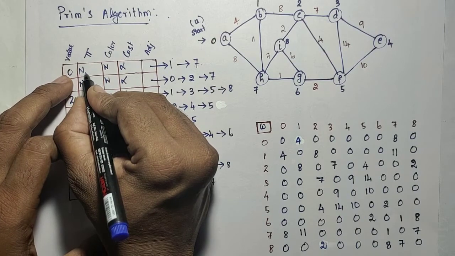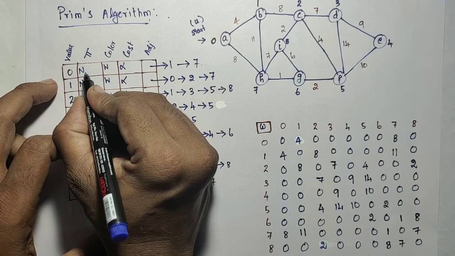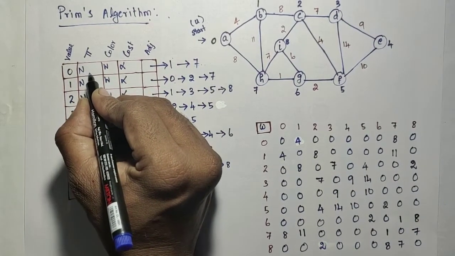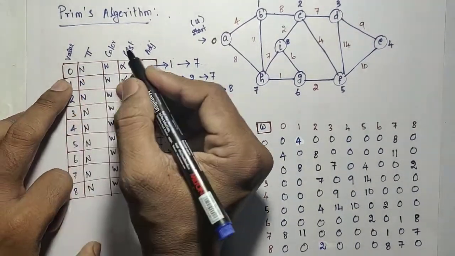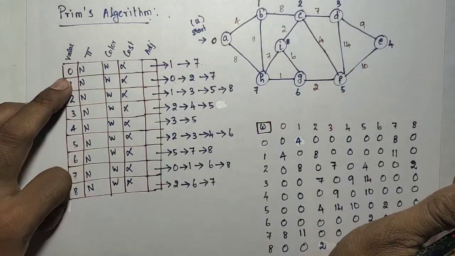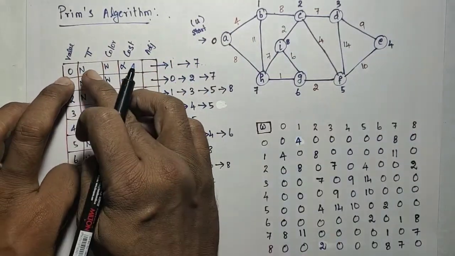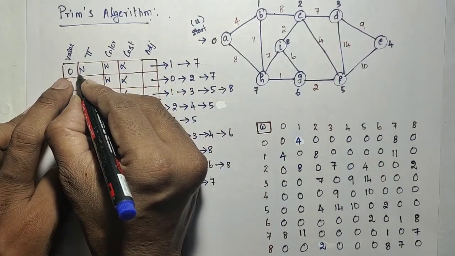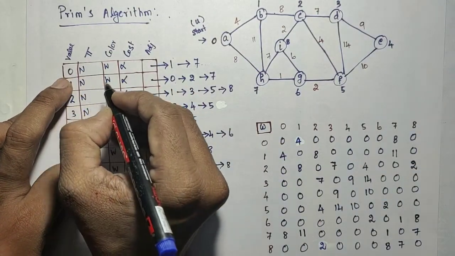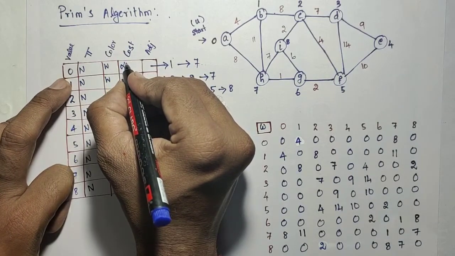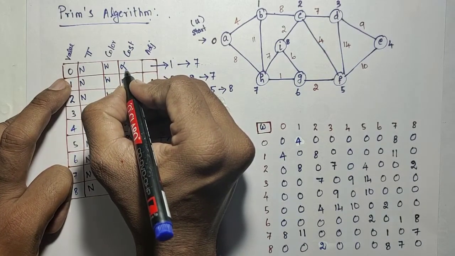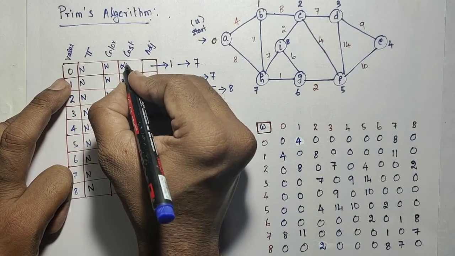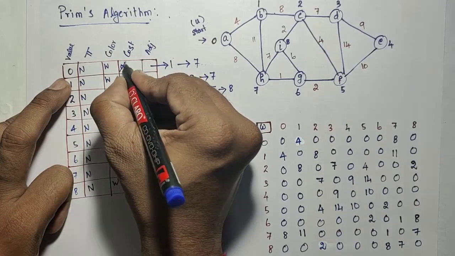So far the parent is not updated, which means it will be considered as the root of the resultant spanning tree. So there is no need to update that parent. Only the cost will be updated with 0.